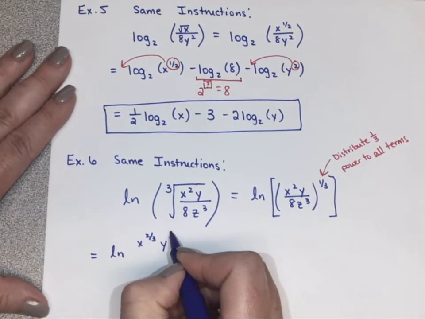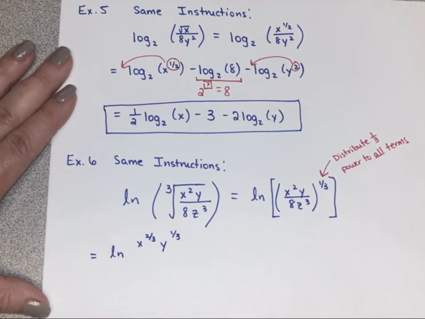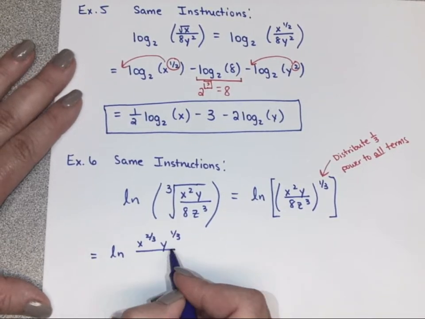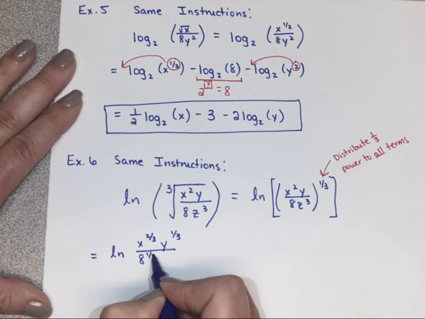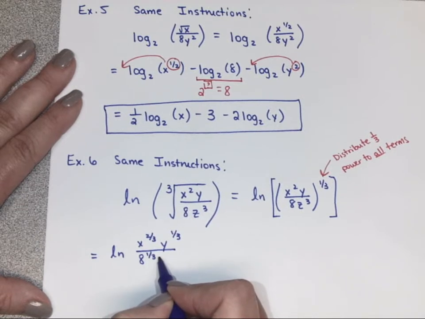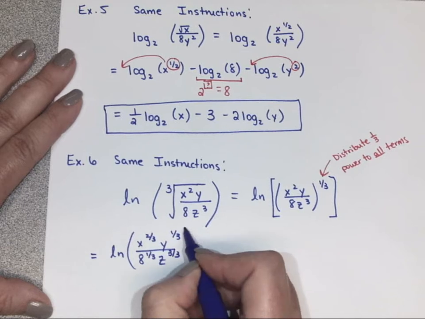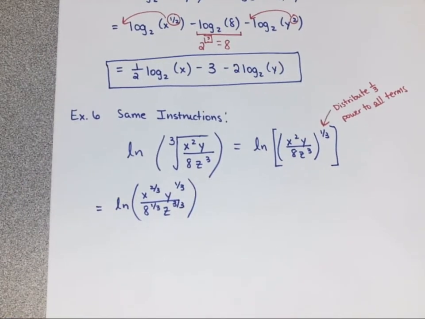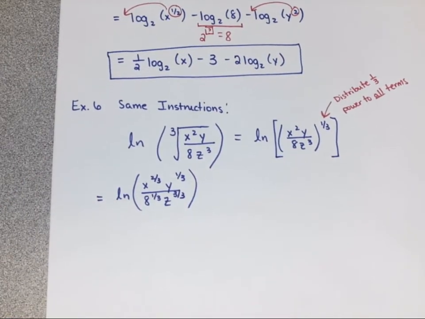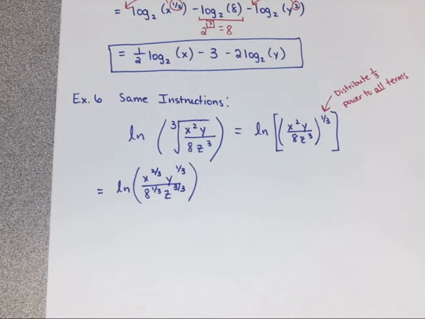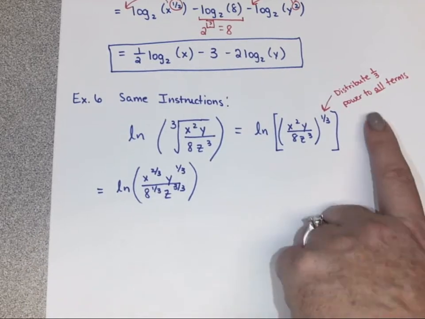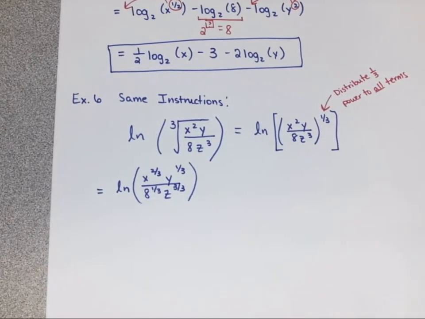And then it's going to be y to the 1/3 power, because the y gets the 1/3 as well, over 8 to the 1/3 power, and then over z to the 3/3 power. Okay, so notice, what did I do with all 4 parts? All 4 parts got the what power? The 1/3 power. Okay, so I think there's some cleanup that we can do, and we're going to.